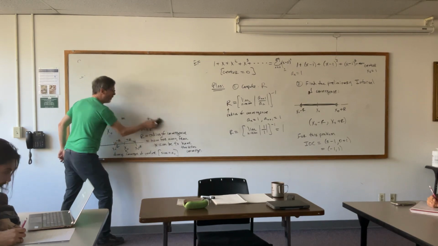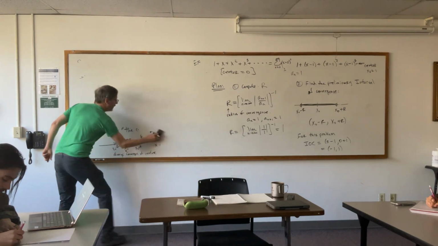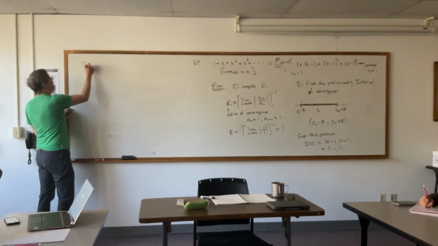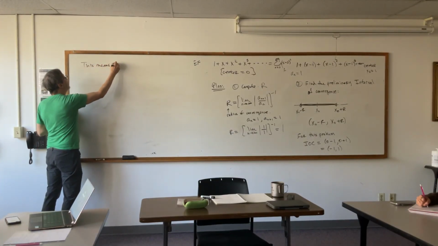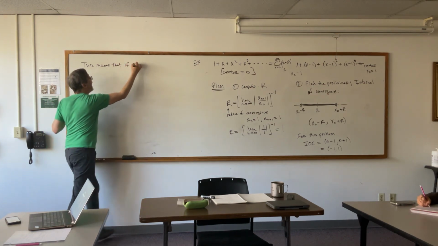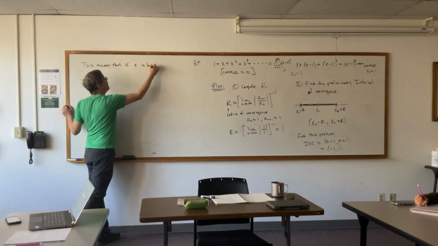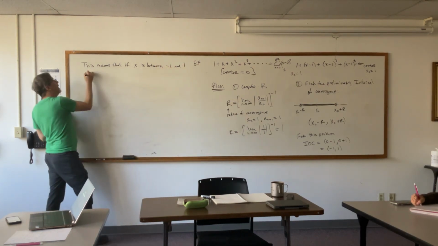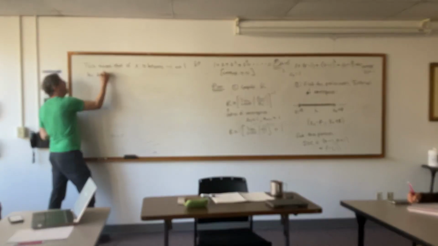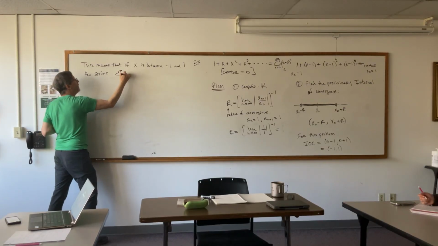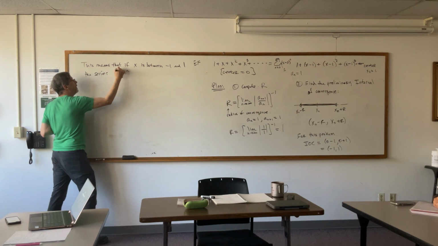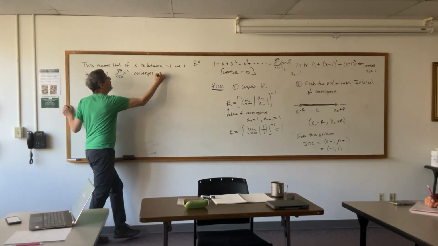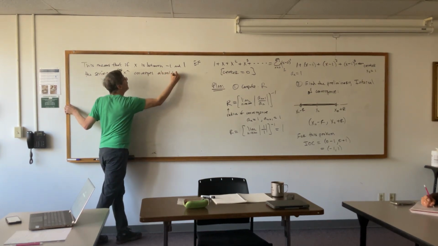So let's actually write out what it means that we just said that. I want to summarize so that it's really clear. This means that if x is between -1 and 1, the series that we had converges for that x value absolutely, in fact.